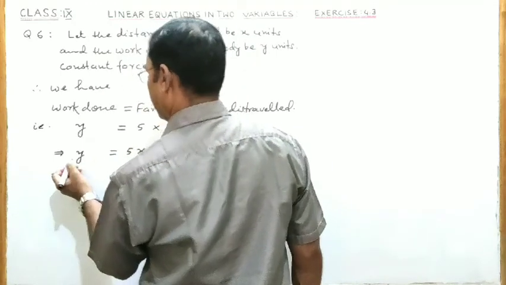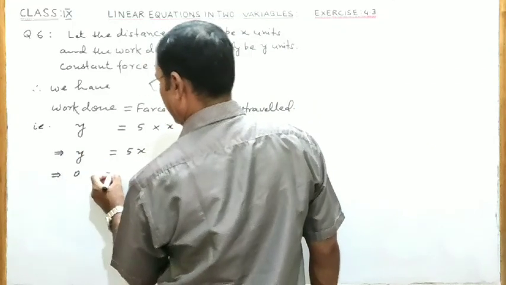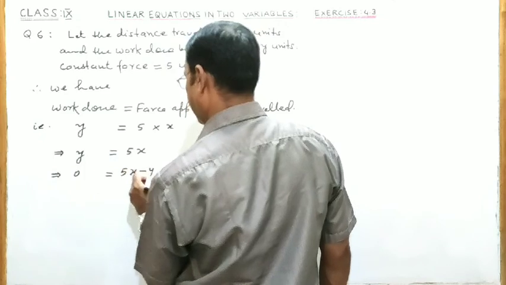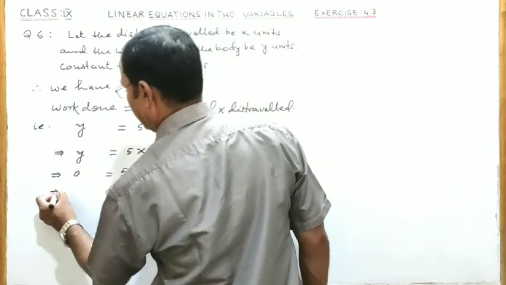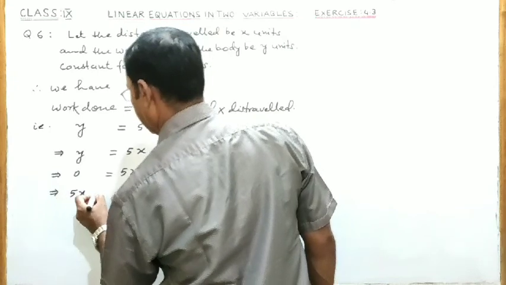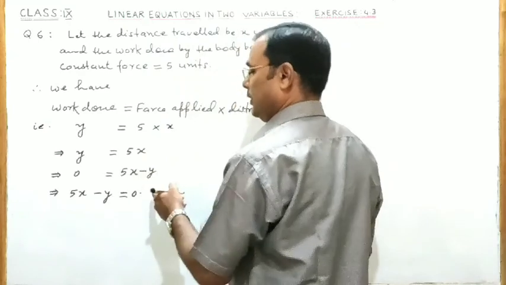Now on transposing y from left side to right side, we can write 0 equal to 5x minus y. Now interchanging the sides, we can write this equation as 5x minus y is equal to 0.